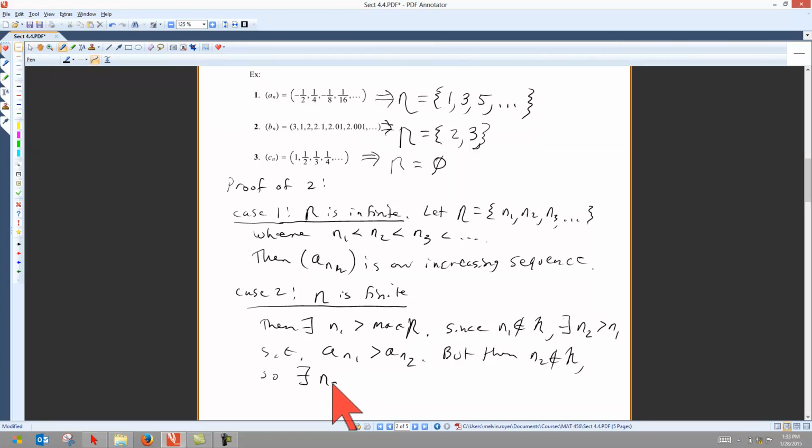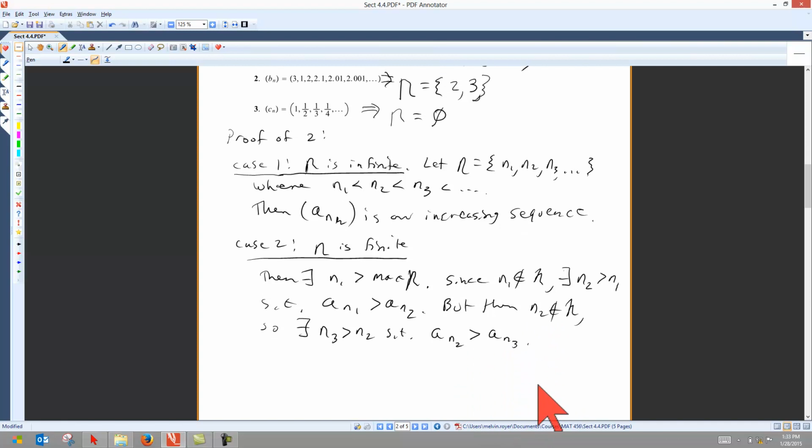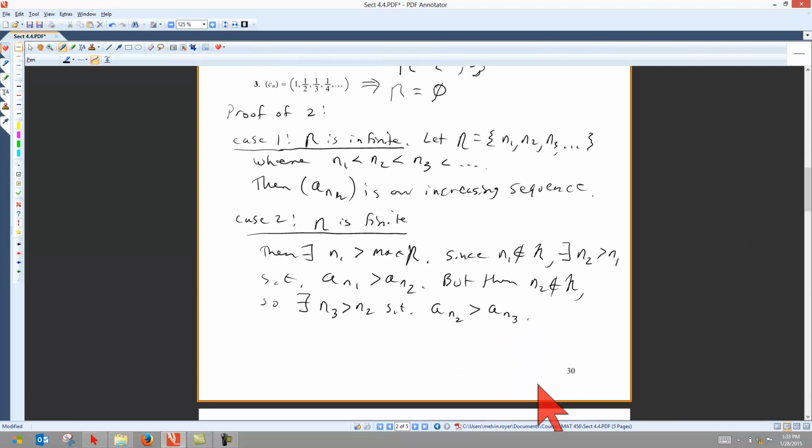There exists an N3 greater than N2, so that a sub N2 is greater than a sub N3, or a sub N3 is less than a sub N2. I found somebody smaller than a sub N2 because N2 wasn't in eta either. And here's a process, then: I can find an N4 from here on out by the same pattern. So then a sub N_k is a decreasing subsequence.